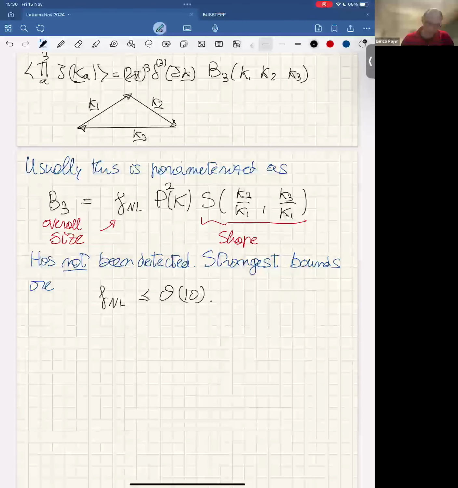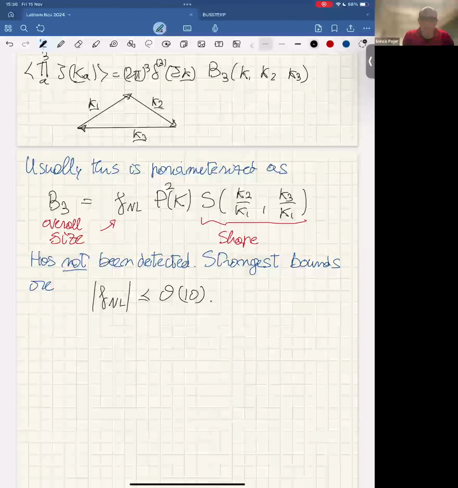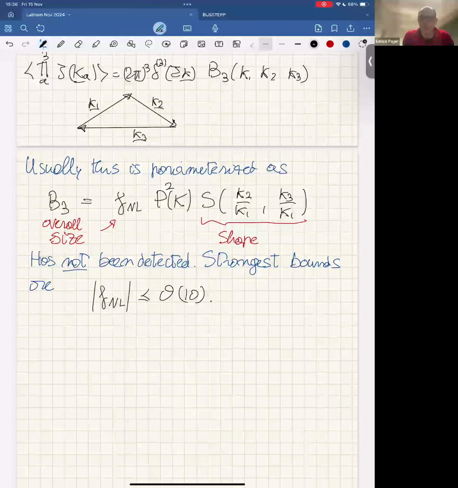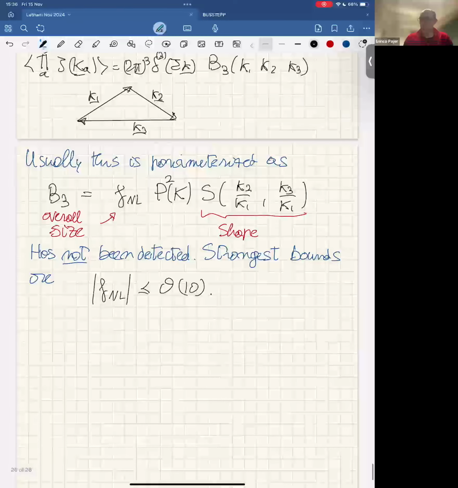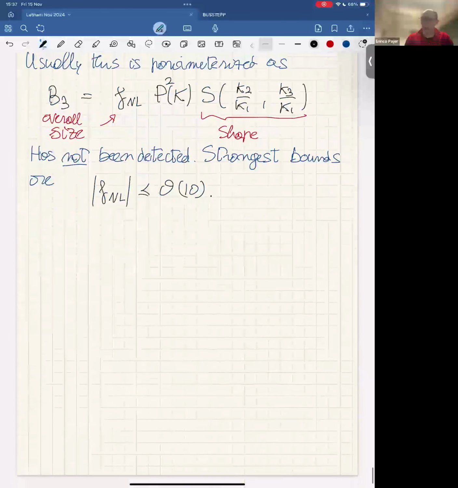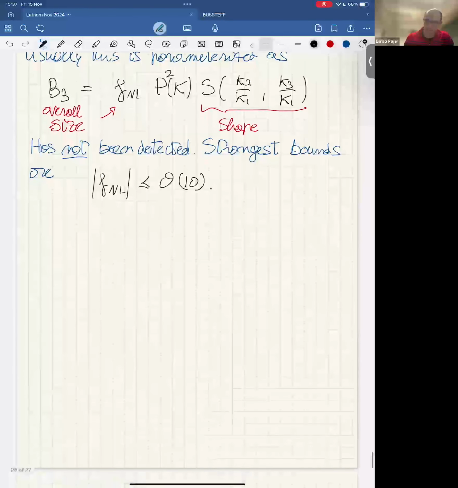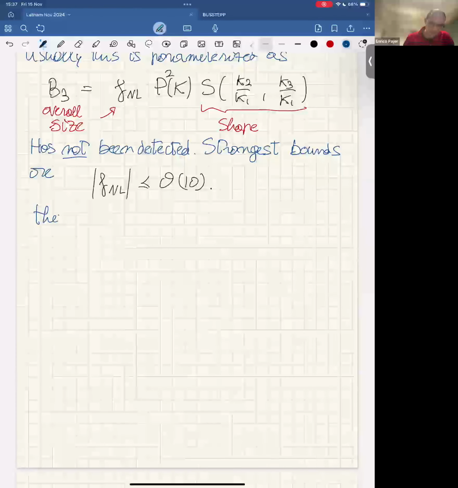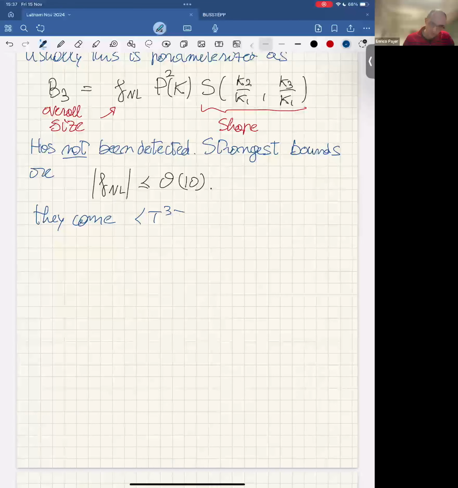Actually, they don't say if it is positive or negative, so it's just the bound on the norm of this. Are these strong? Yes, and the strongest bounds come from taking the expectation value of the cube of the CMB temperature or the CMB polarization, or a mix of them.